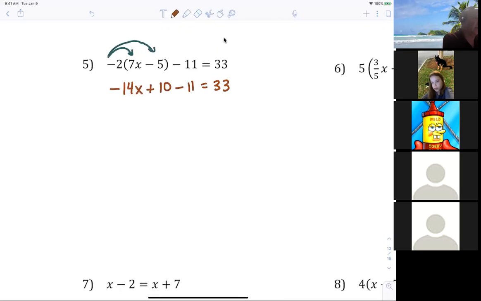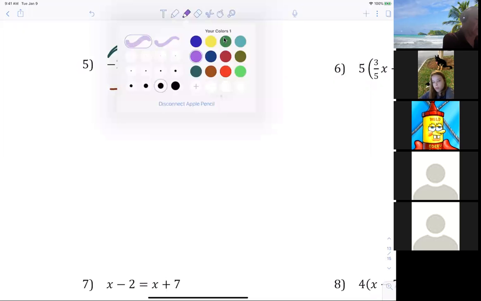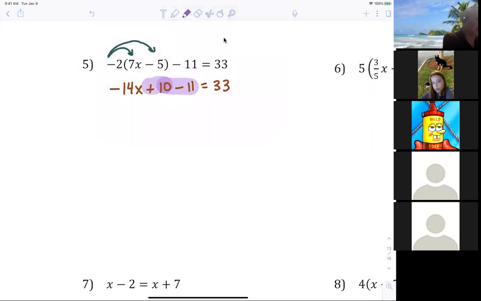Now the next thing we want to do is combine terms. These are already on the same side, so I want to combine those first. 10 minus 11 is -1. So negative 14x minus 1 equals 33. Now I add 1.